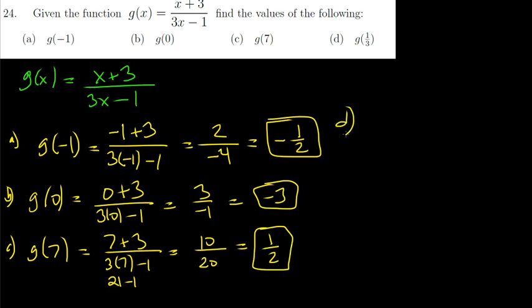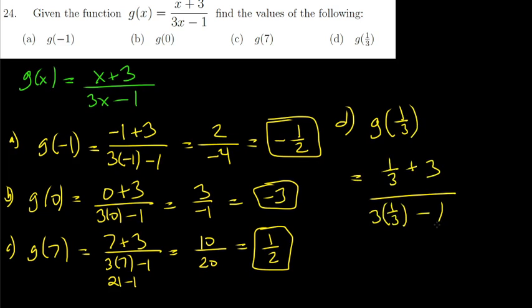And finally, part D, I'm going to do this over here on the right, g of 1/3. So replace all the x's with 1/3. 1/3 plus 3 over 3 times 1/3 minus 1. So 1/3 plus 3 is 10 over 3. The denominator, 3 divided by 3, right, is 1, and 1 minus 1 is 0.